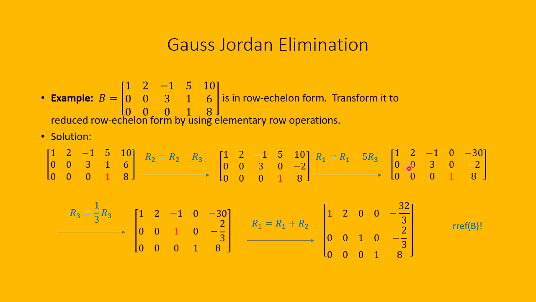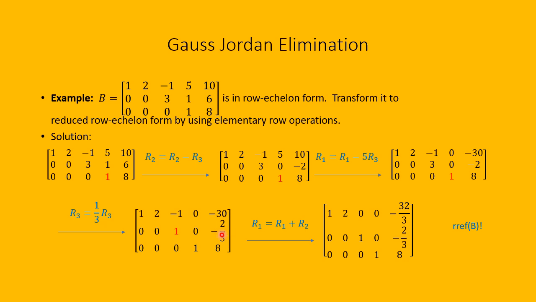This is not quite in reduced row echelon form because this leading element in the second row is not a 1. So let's just say row 2 equals 1/3 the old row 2. And that makes this row up here equal to 0, 0, 1, 0, minus 2/3.